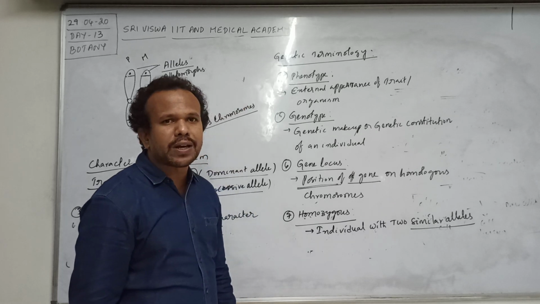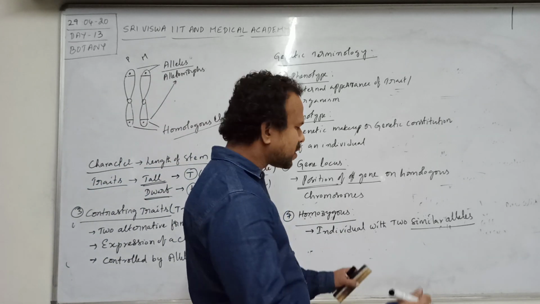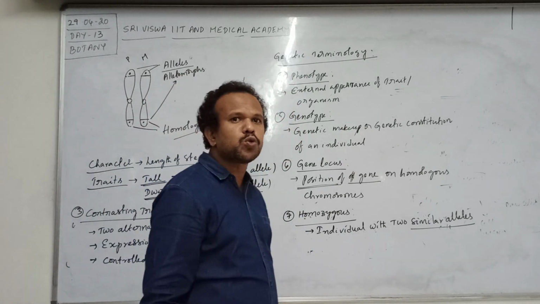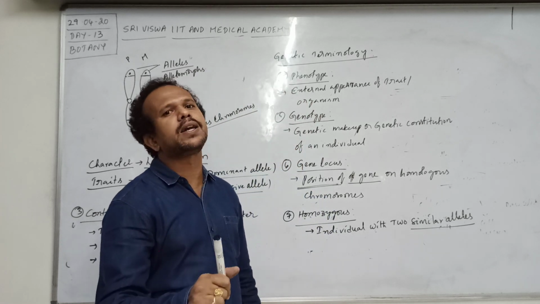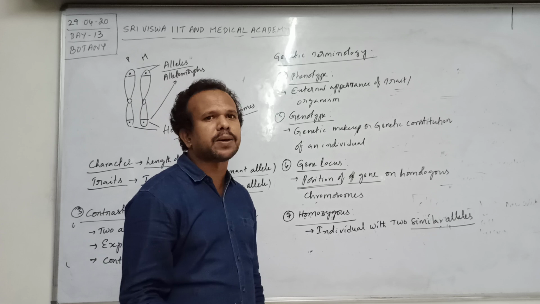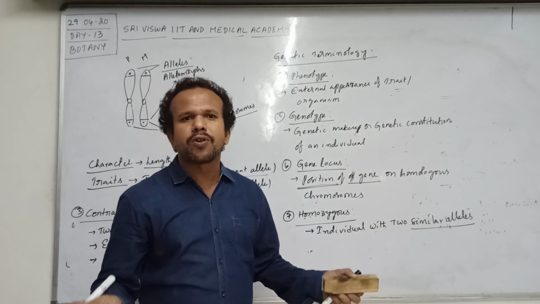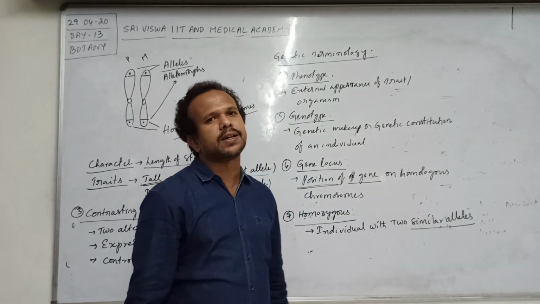An individual with two similar alleles is homozygous. For example, with reference to the length of the stem. Here, which two alleles control the length of the stem? Capital T allele and a small t allele. Length of the stem is controlled by a gene which has two alternative forms. One is capital T allele and another one is small t allele.